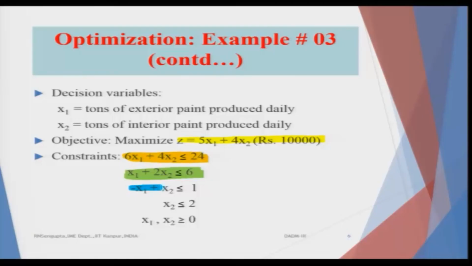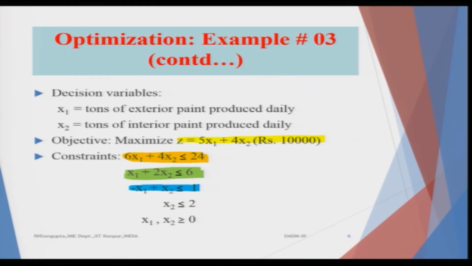I will highlight it in blue color. Now, remember here, if I take x1 onto the right hand side, it means that x1 is for the exterior paint. So, the summation of x1 plus 1 additional ton which you produce should always be greater than or equal to x2, considering x2 is utilized for the interior paint being produced by Asian Paints.